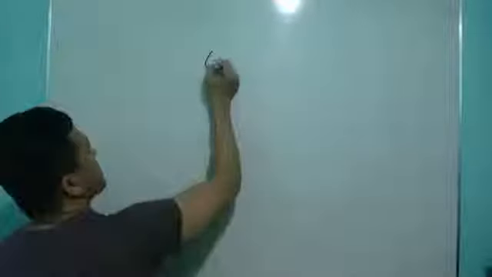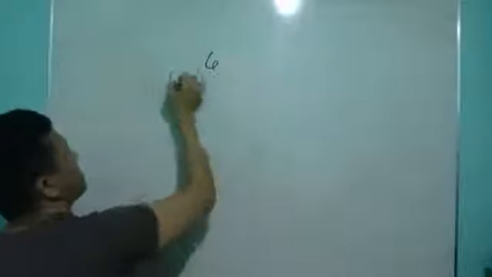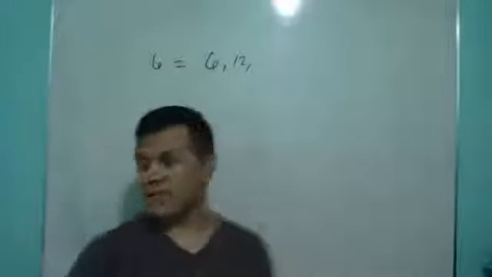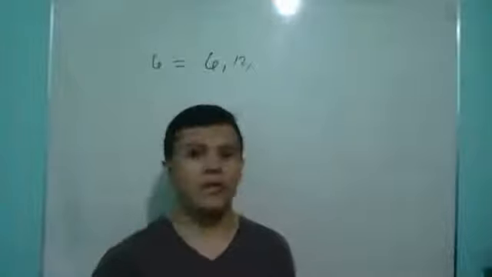Next one. How many of the first 200 positive integers are multiples of neither 6 nor 15? So we have to get the multiples of 6 in the first 200 positive integers, that is 1 to 200.